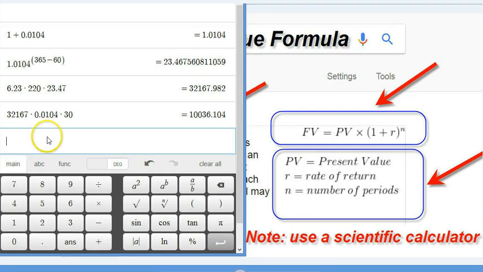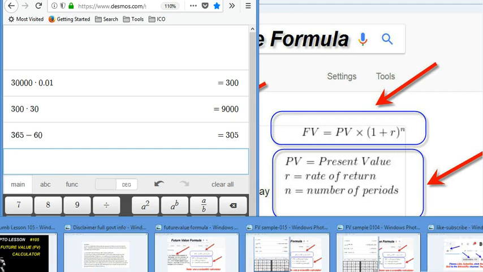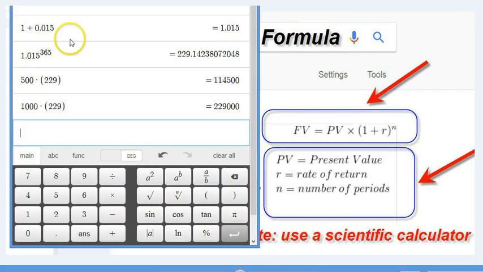The reason I brought this knowledge of how to do future value is so that you can understand the formula and do your own calculation, so you can believe that yes, in fact, you can compound, in some cases, 1.5% per day for 365 days, like this example here.